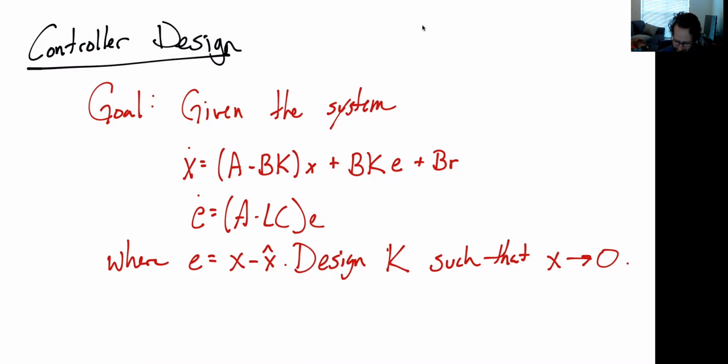And so we want to design K such that our system satisfies some characteristic equation.